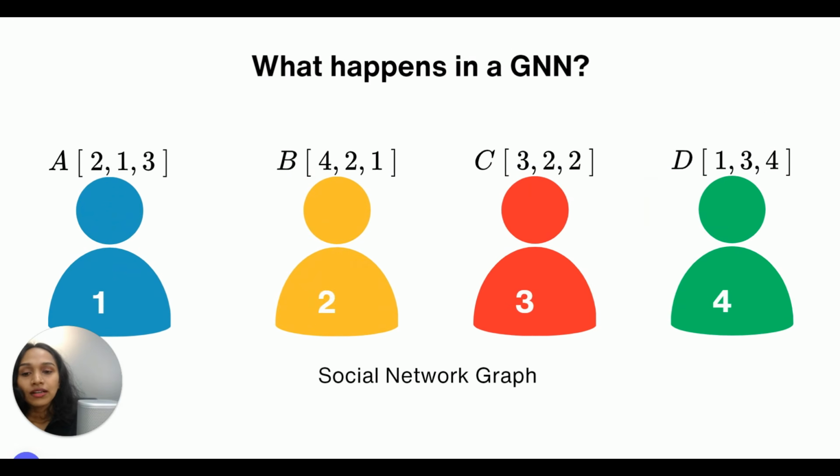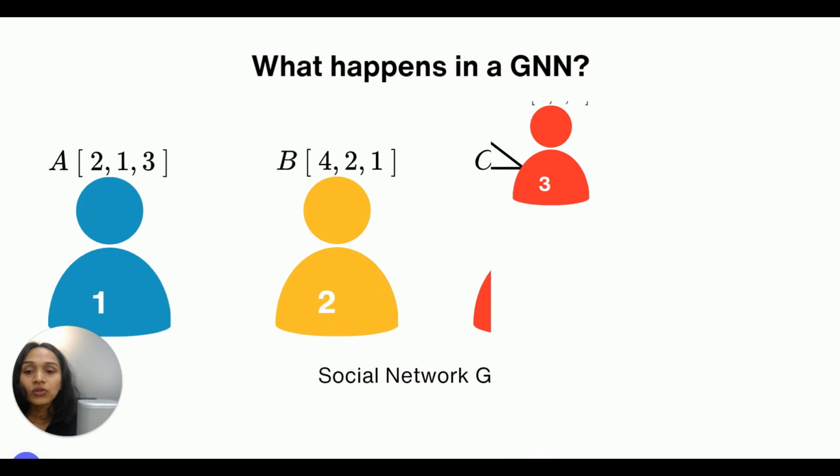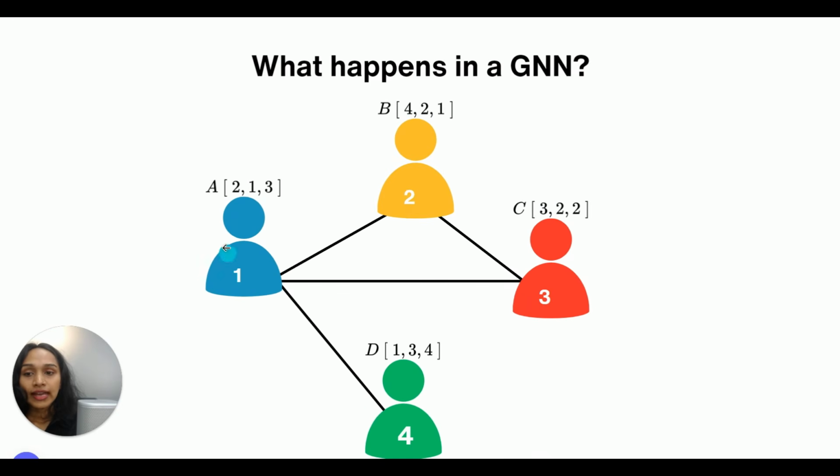Now let us see what happens in a graph neural network. Here we have 4 friends, and there is a vector associated with each of these 4 friends. So friend 1 has a vector of A213, 2 has a vector of B421, 3 has C322, and 4 has D134. So these 4 friends form the nodes of this social network, and they have these feature vectors associated with them.